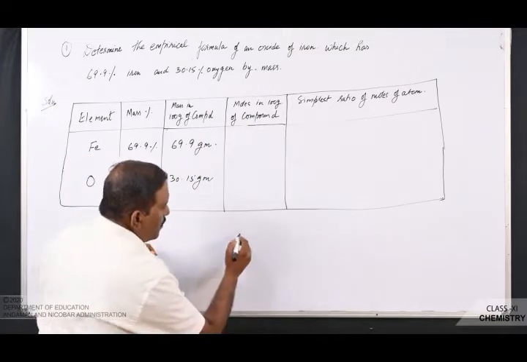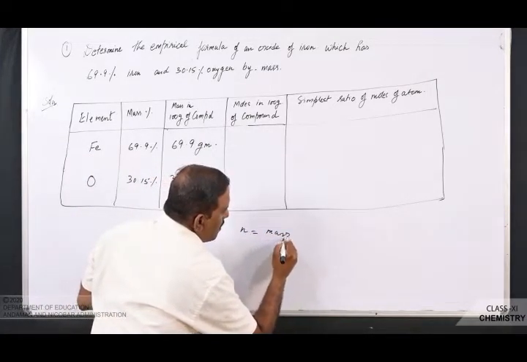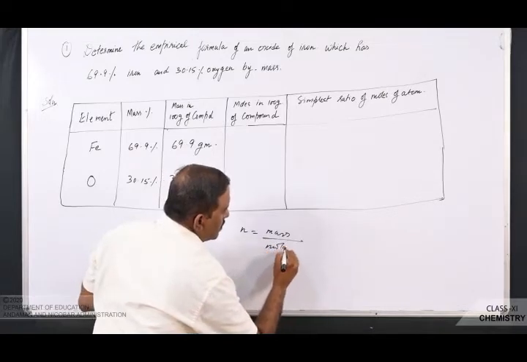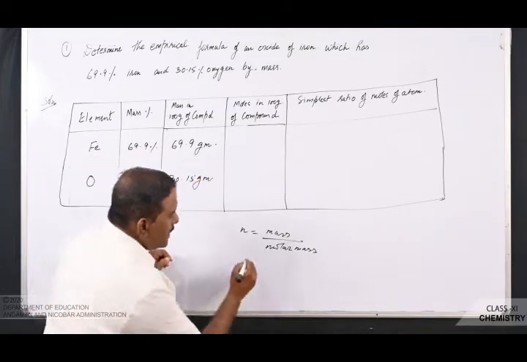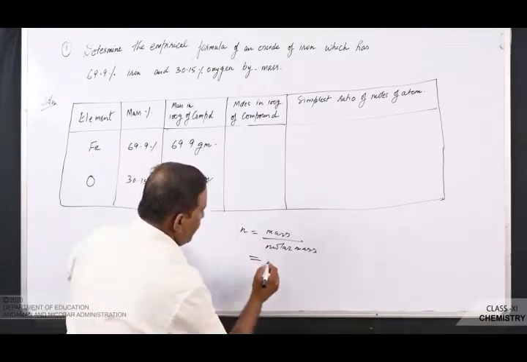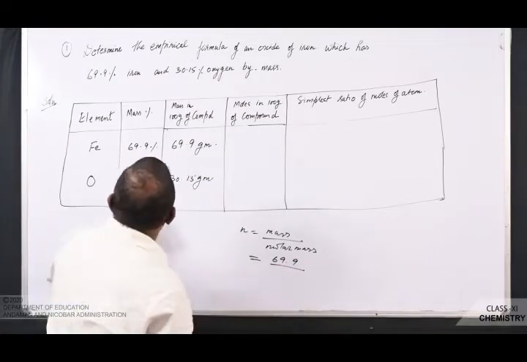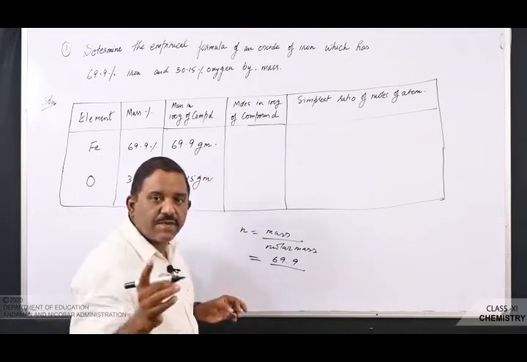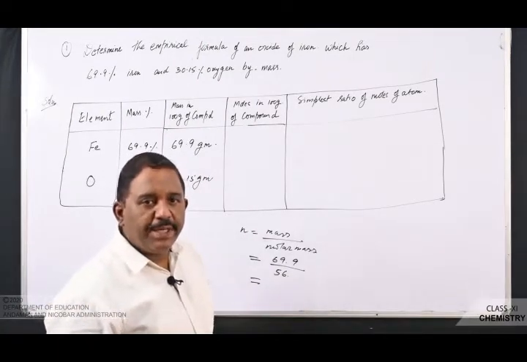As you all know, number of moles is equal to given mass divided by molar mass. So the given mass of Fe is 69.9, and the molar mass is 56. It comes out to be 1.25.